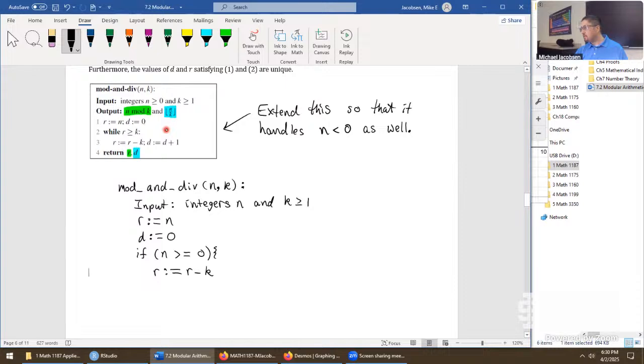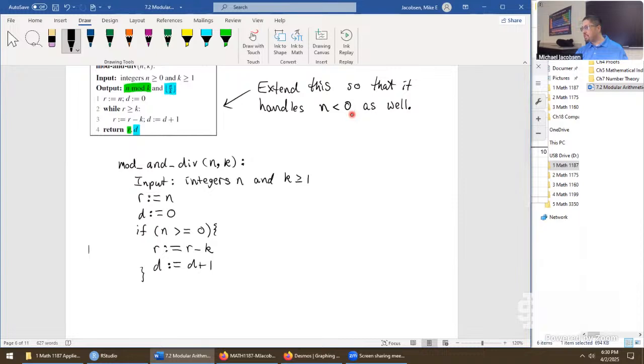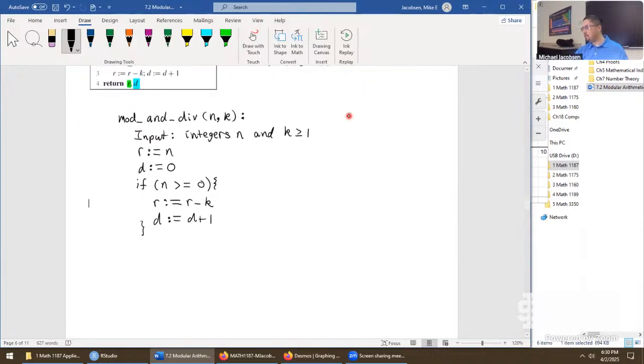Then set d to be d plus 1. Then that completes the if section, the little curly brace there. Now we want to run off to the negative section. So this is the else part. Let me see if I can sneak in just a bit of space. There we go. Else.